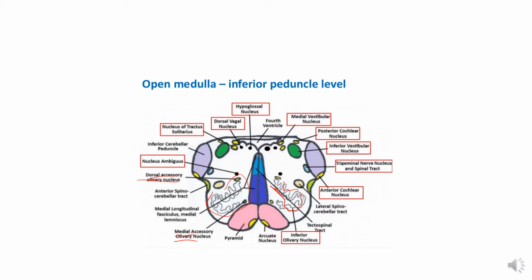The cells of the inferior olivary nucleus send fibers medially across the midline to enter the cerebellum through the inferior cerebellar peduncle, and afferent fibers reach the inferior olivary nuclei from the spinal cord, that is the spino-olivary tract, and from the cerebellum and cerebellar cortex.